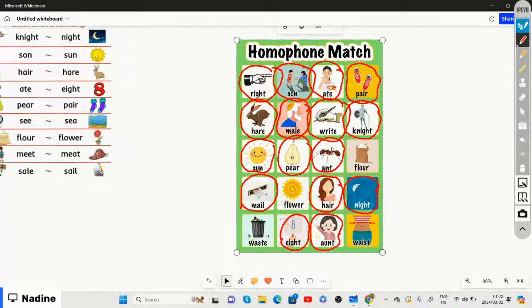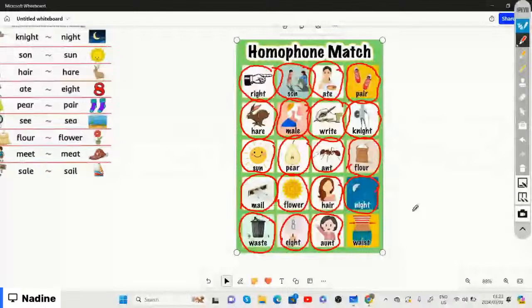Then we have flour, and this flour we bake cake with, right? And then we have flower, which is your sunflower or any form of flower that you can find in a garden. And then the last one is waste, which is rubbish, right? So you throw rubbish in the bin, we call that waste.